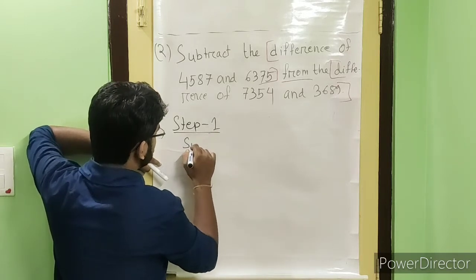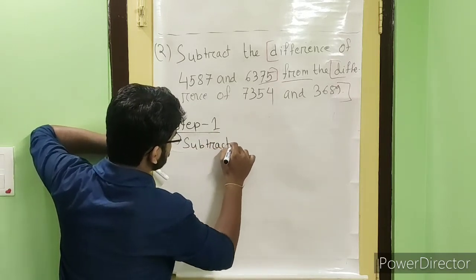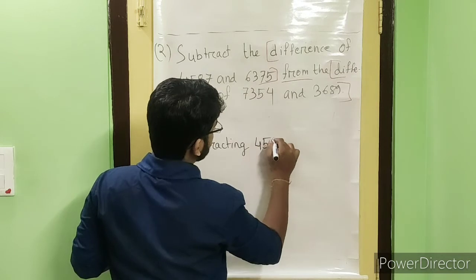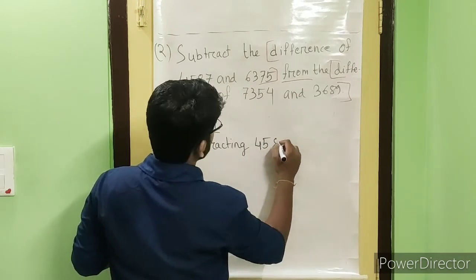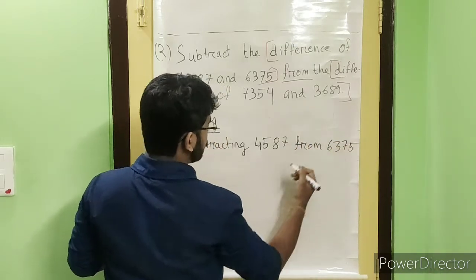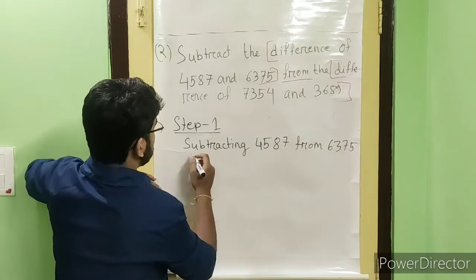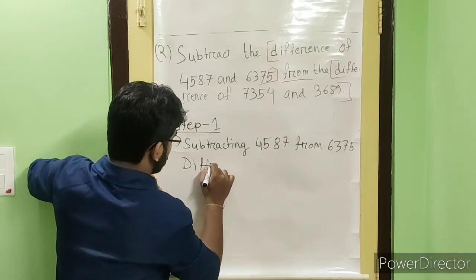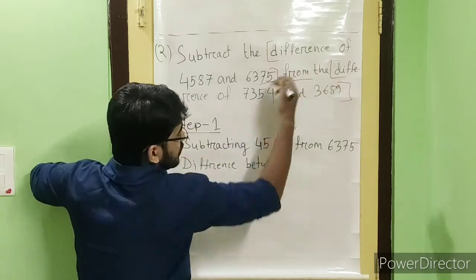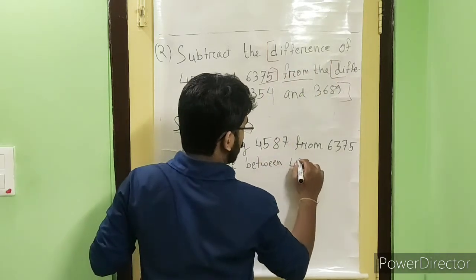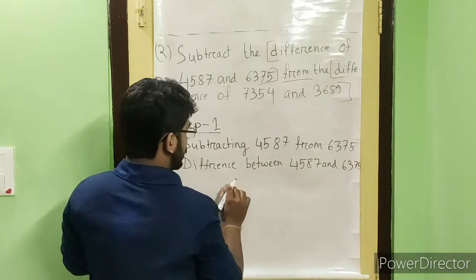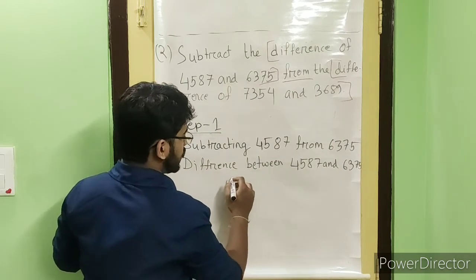Subtracting 4587 from 6375, or you can write difference between 4587 and 6375, as here difference has been given. This one is our step number 1.